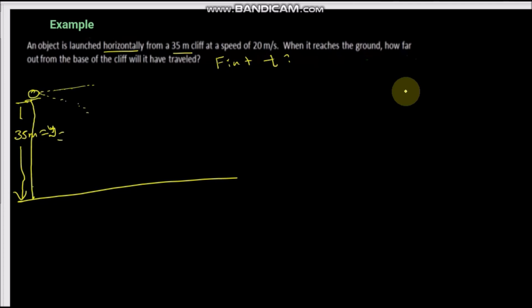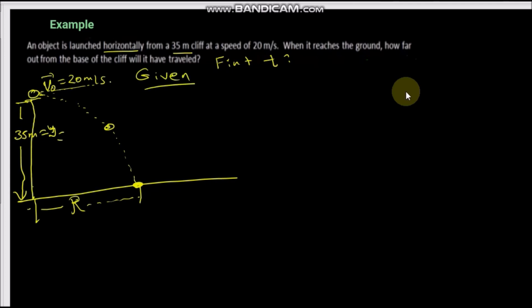That means the object falls and arrives at this position, and we have also this, we call it the range or the horizontal distance, x. Now with initial speed v naught equal to 20 meters per second. You have been given this information.